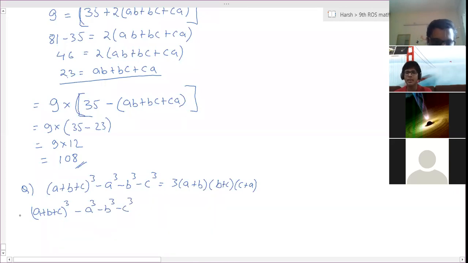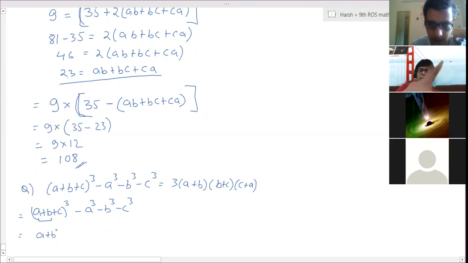Then next we take a+b as x and c as y, so it becomes (x+y) whole cube. Then put a+b in brackets.